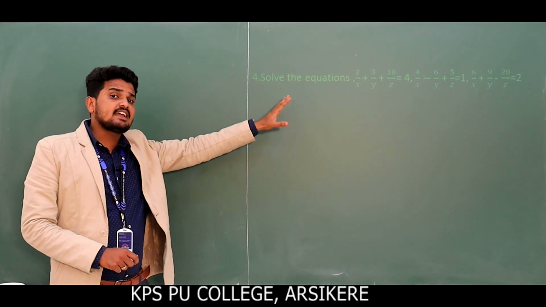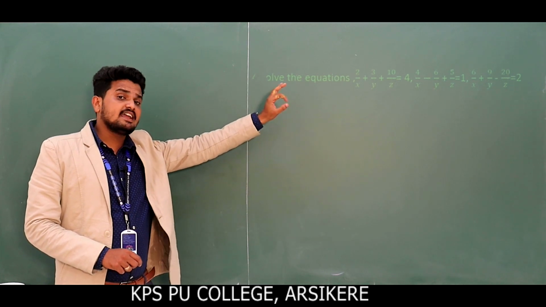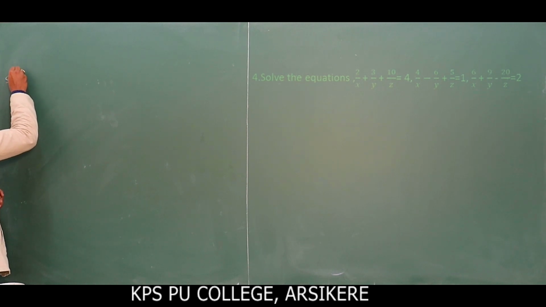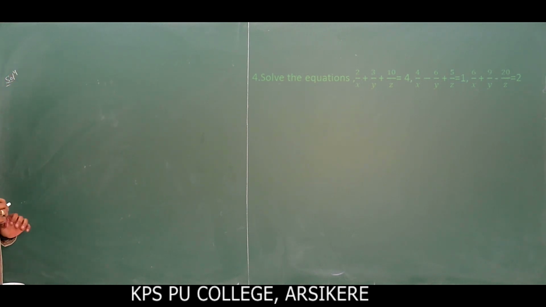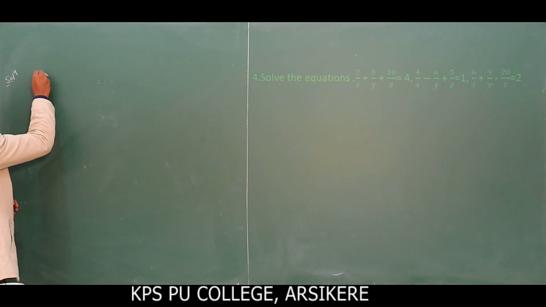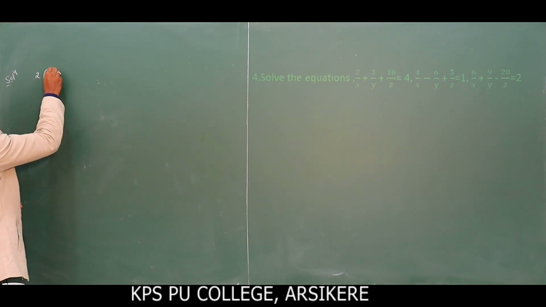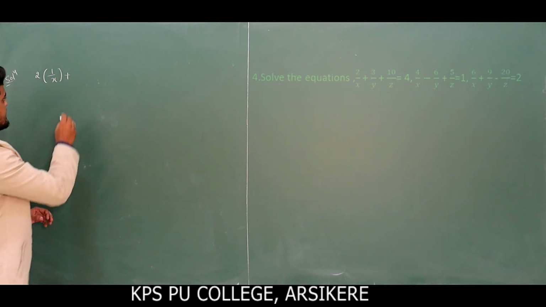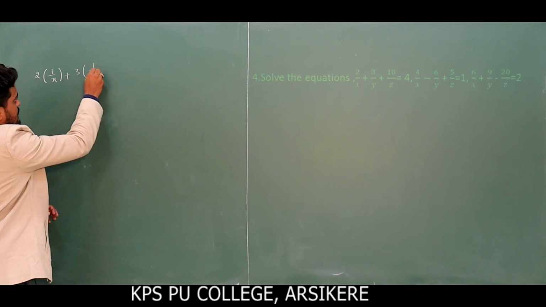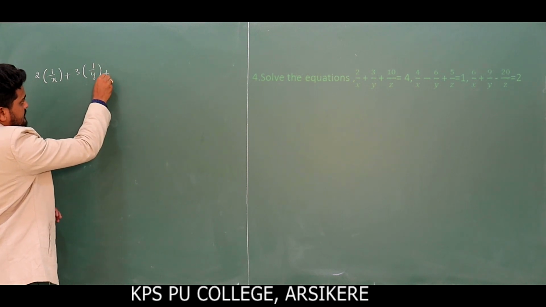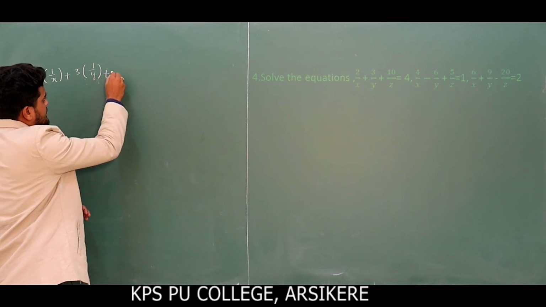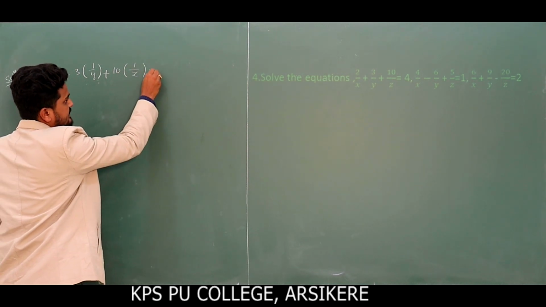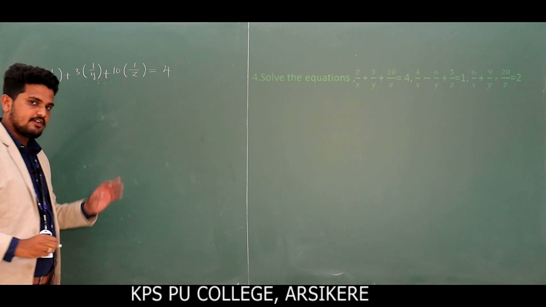So these equations can be written as, so please observe how. Solution: the given equations can be written as, the first equation, 2 into 1/x + 3 into 1/y + 10 into 1/z = 4.